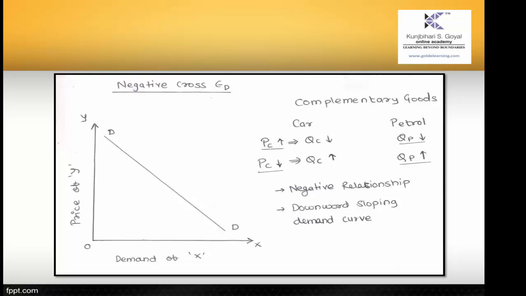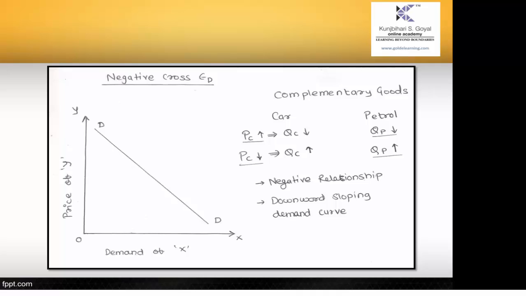So see, हमने कंसिडर किया है, कार का प्राइस इंक्रीज हो गया, people will not buy car, और अगर लोग कार खरीदेंगे नहीं तो उनको पेट्रोल लगेगा क्या? नहीं लगेगा. Hence automatically the demand of petrol will decrease. Look at the next situation. Price of car reduced, कार सस्ते हो गए, everyone will buy, कार का डिमांड बढ़ गया. अभी कार का डिमांड बढ़ गया मतलब पेट्रोल भी तो लगेगा.